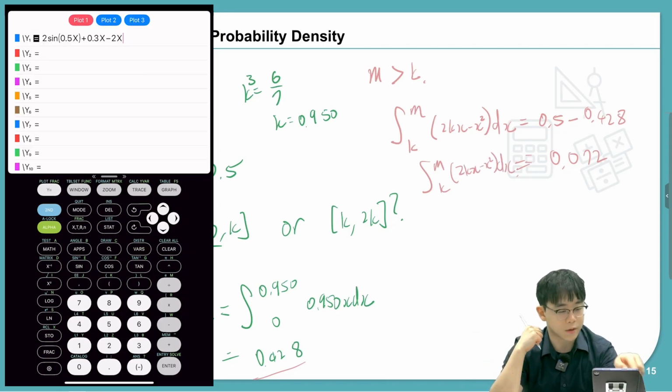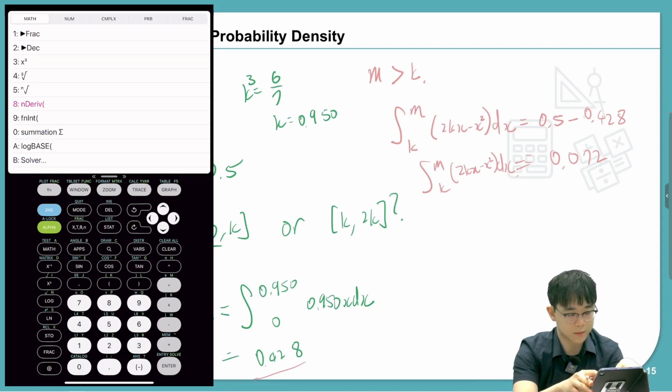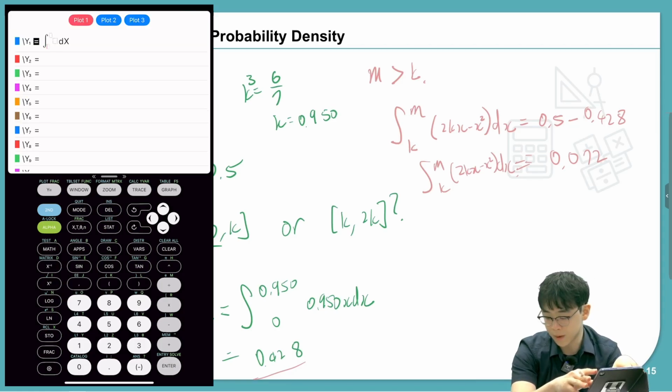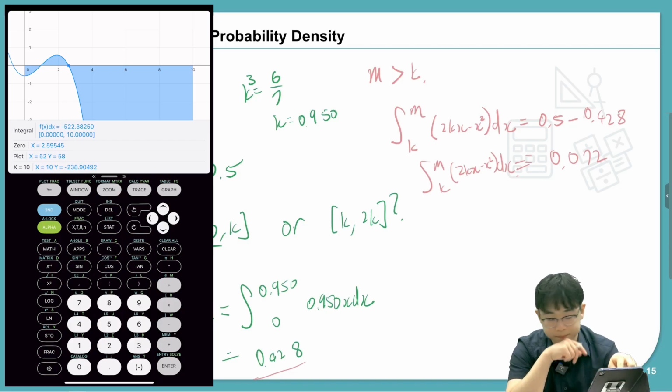So we can go to our calculator to do that, because we can put in the integration operator here. We're integrating from 0.95 to a certain value, let's say x, of the expression 2 times 0.95 times x minus x squared. This should give us 0.072 at some point.